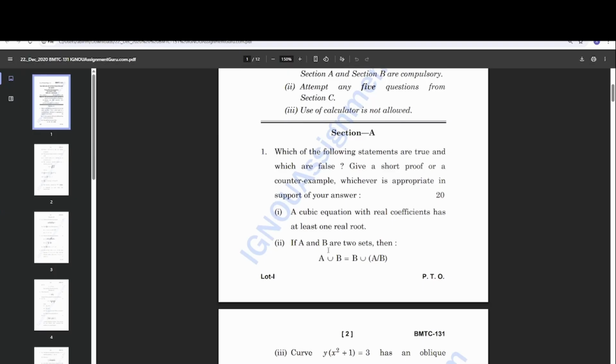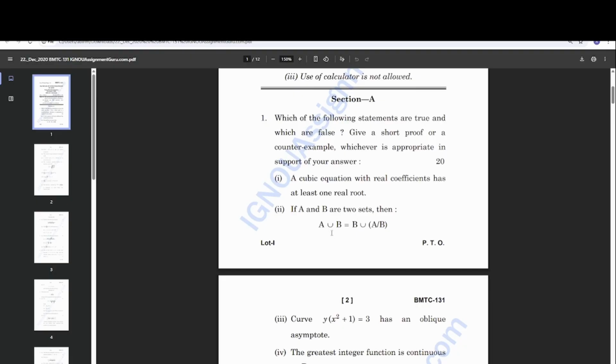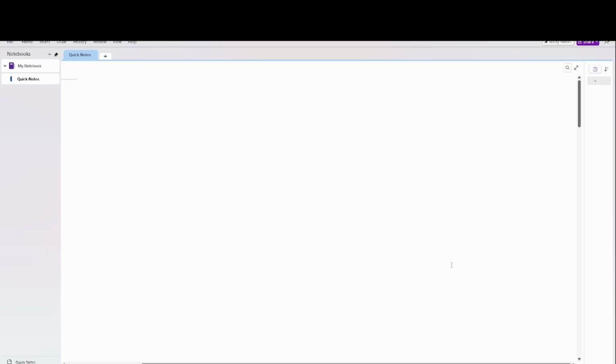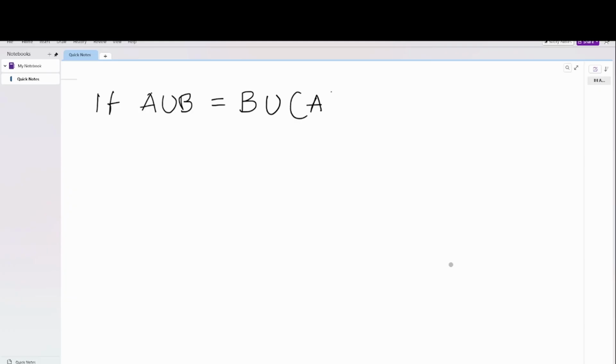So the next question is, if A and B are two sets, then A union B is equal to B union A complement of B. We want to prove whether this statement is true or false.